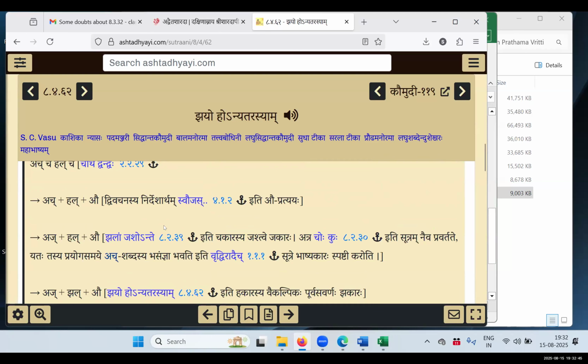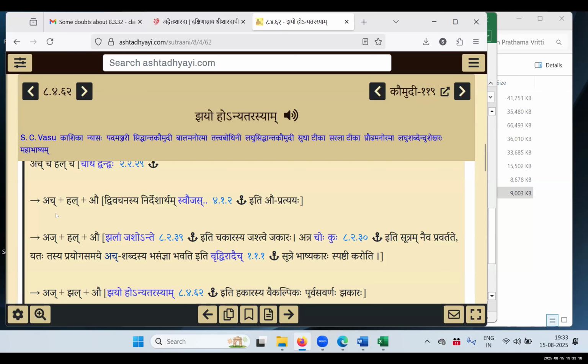So if we take Aj as a pada here, if it is padanta chakara, choho kuhu should have applied. So we would have got what though? Oh, you're saying it'll change a lot. Give me 1 second. Ach plus hal. Then choho kuhu made it ak. Choho kuhu will be when padante or Jhali.